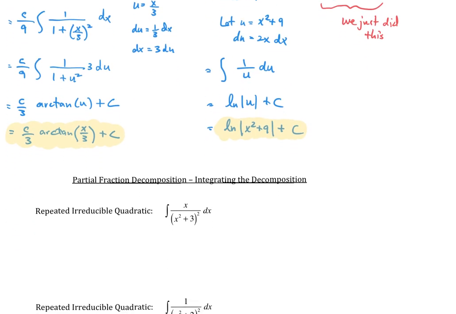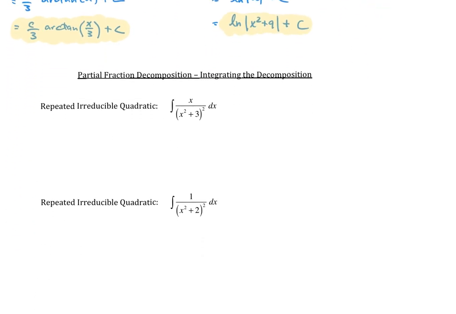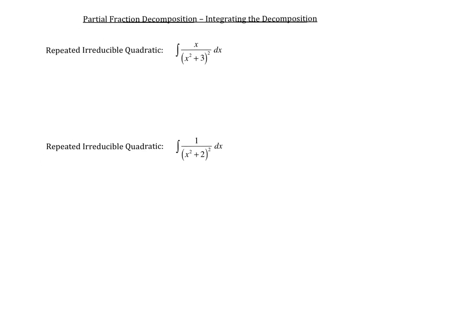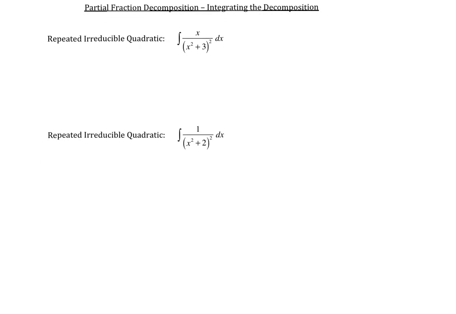We have a couple more to look at. When you have the repeated irreducible quadratic, this comes from case 4. So this is case 4, okay? And we're going to do the same thing that we did in the last one.